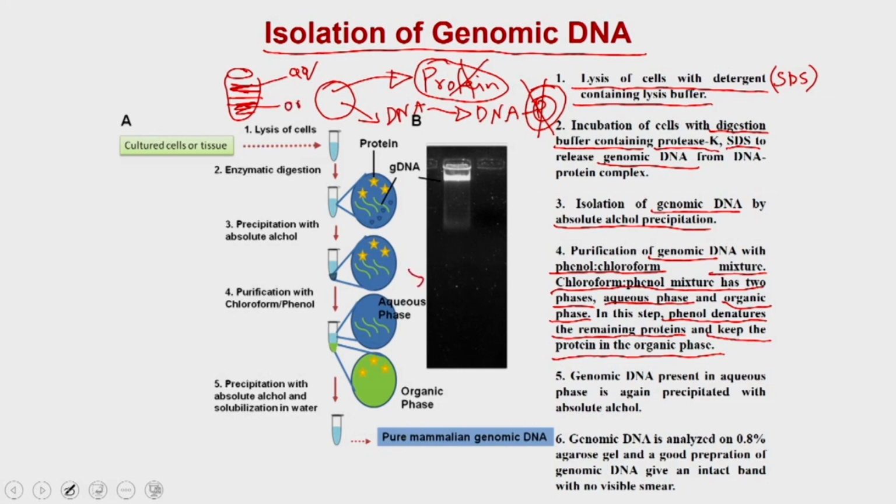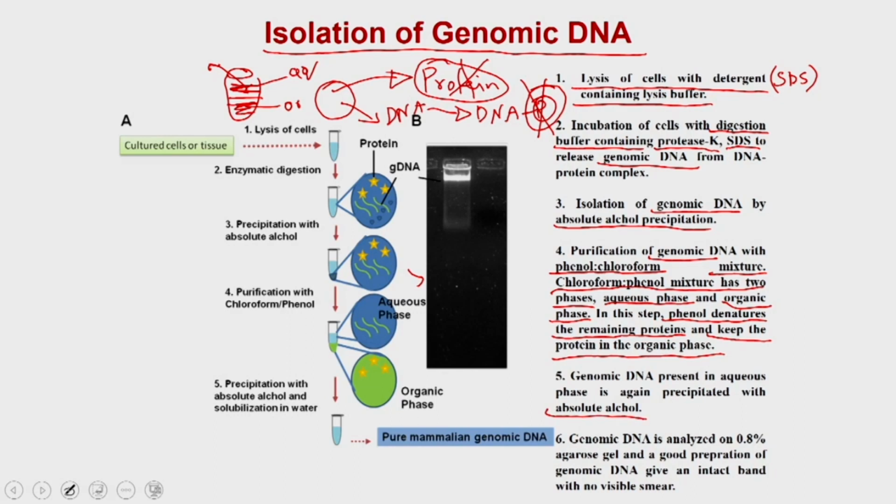What you can do is remove the aqueous phase from the top and store it in a different Eppendorf, and then precipitate this DNA again using absolute alcohol.